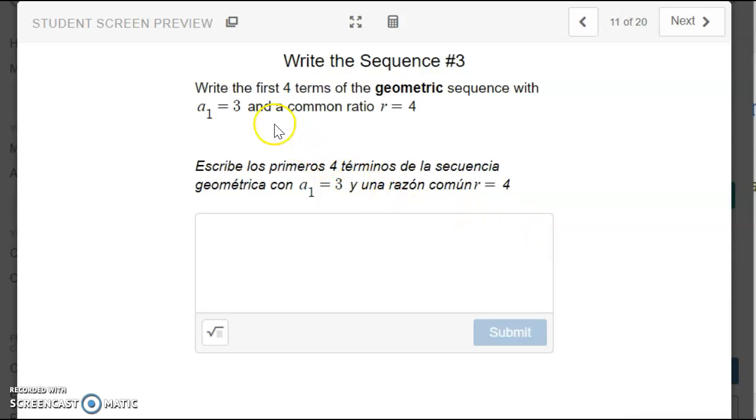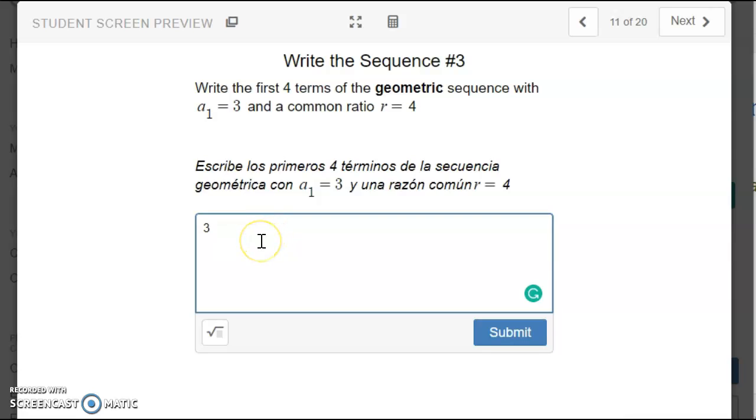All right, then what about this? Write the first 4 terms of the geometric sequence with a of 1 is 3. It's a geometric sequence with the first term 3, and your common ratio is 4. That means from the previous number, you are multiplying by the common ratio, which is 4. So 3 times 4 is 12.